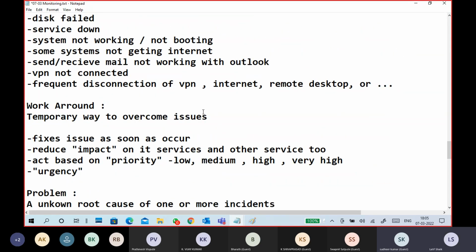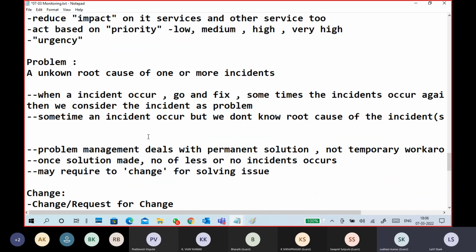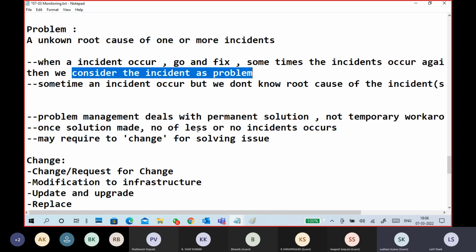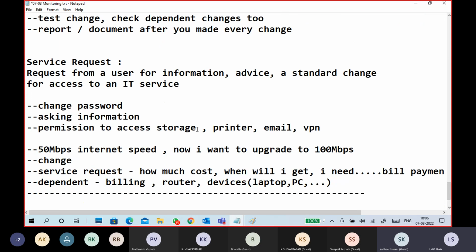So from the incident, how to solve the incident problem when it occurs, and what the impact of that event is. Next, how to consider an incident as a problem. When you consider an incident as a problem, that is problem management. And we also need changes to solve the problems. That is change management. And also of course service requests, like when you want to change, upgrade, downgrade, or transfer. All these things come under service request only.